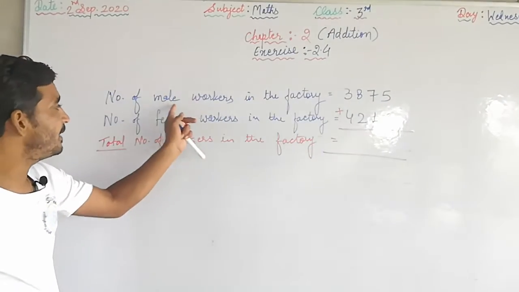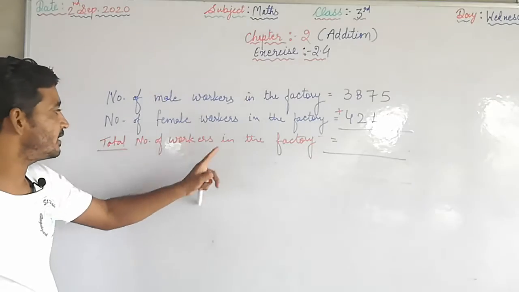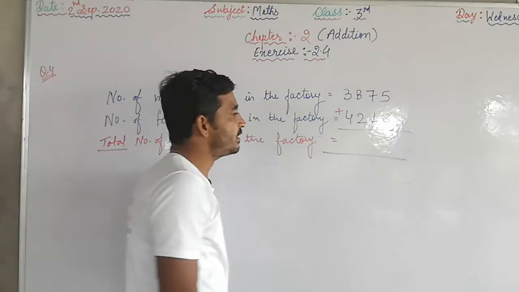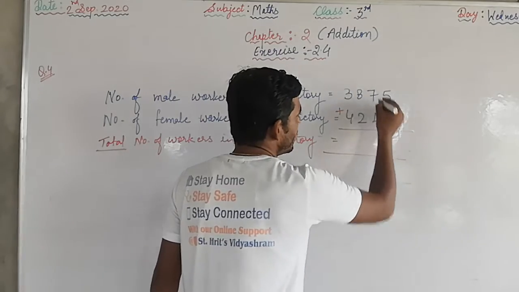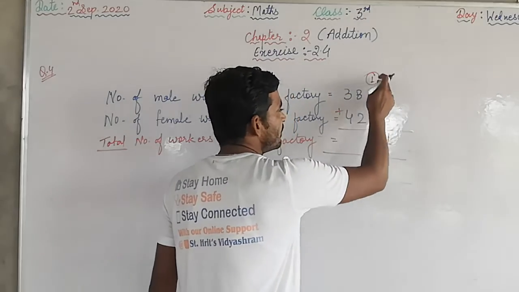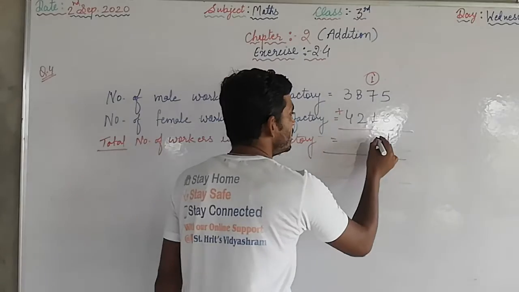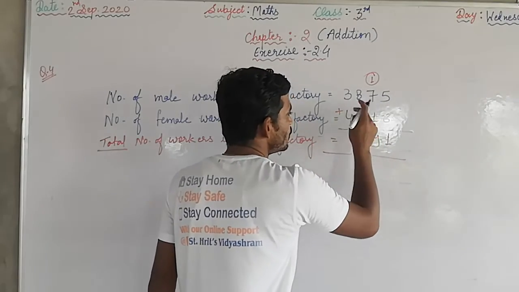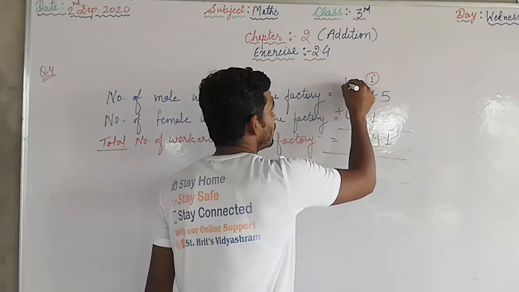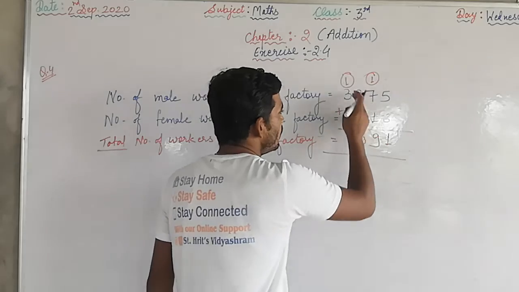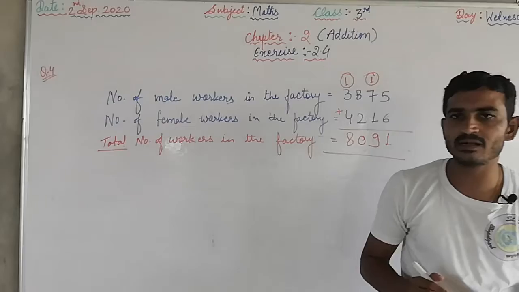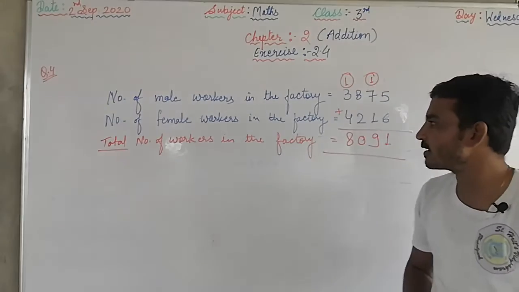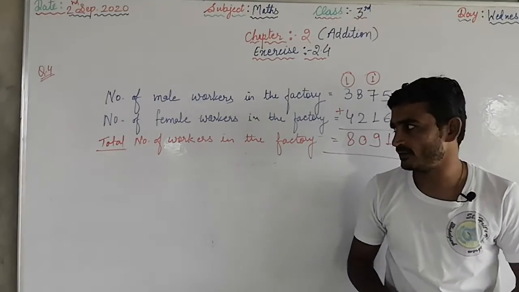When you add the male workers and female workers, you get the total workers that working in the factory. 6 plus 5, that is 11, 1, carry 1, 7 plus 1, 8, 8 plus 1, 9, 8 plus 2, 10, 0, carry forwarded 1, 3 plus 1, 4, 4 plus 4 equals to 8. That is 8091 are the total number of workers that are working in the factory.